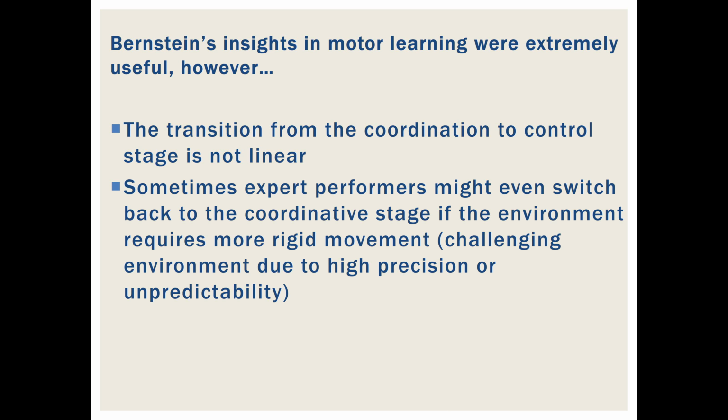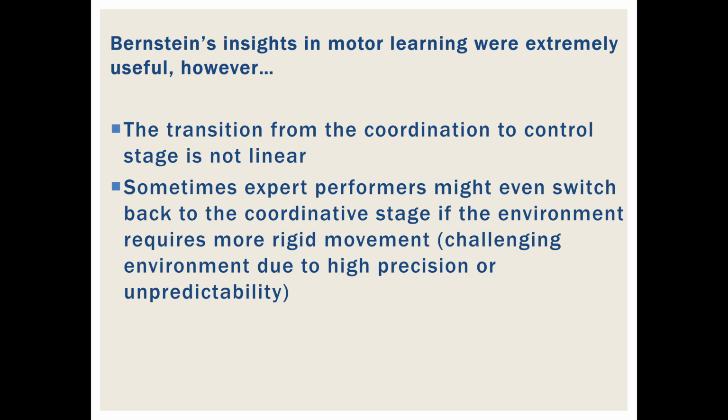And those insights that we saw now on metastability, on how we exhibit more and more control over a particular motor skill, are very useful, but they've got some issues as well, because the transition from the coordination to the control stage is not linear. So we know from motor control and motor learning that progressing through stages of learning is not a linear process.